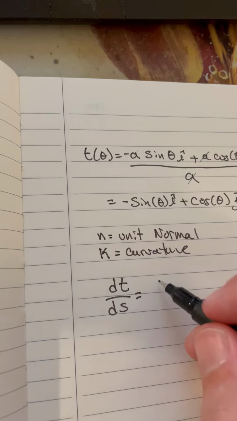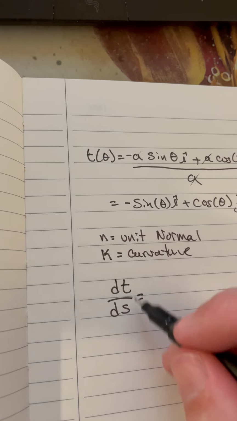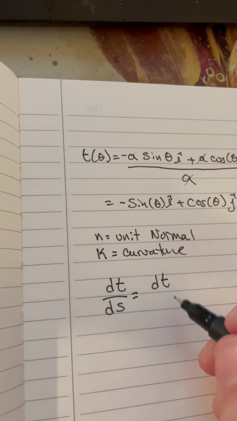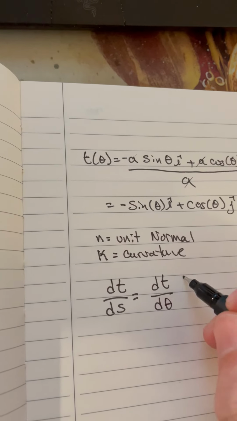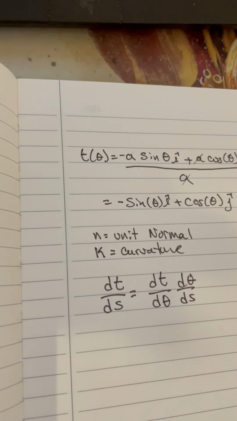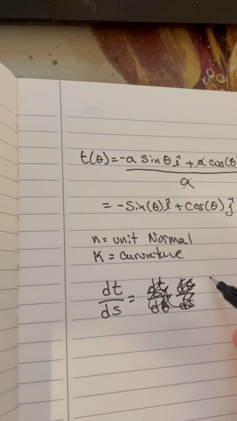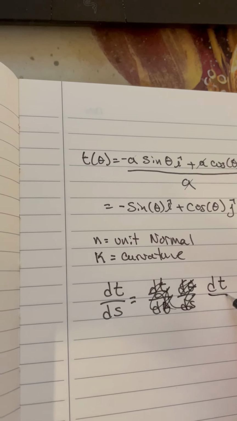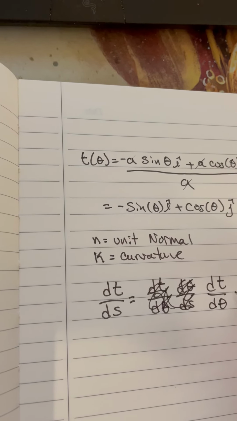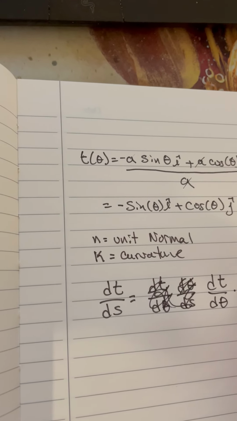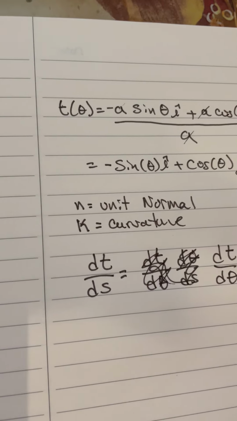So what we're going to do is rewrite this as, instead of dT/ds, we're going to write it as dT/d theta and d theta/ds. Or sorry, we're going to write it as dT/d theta times, what would be the better way to do it?